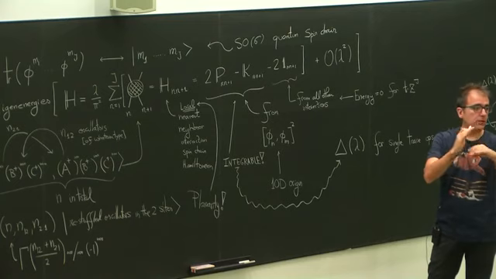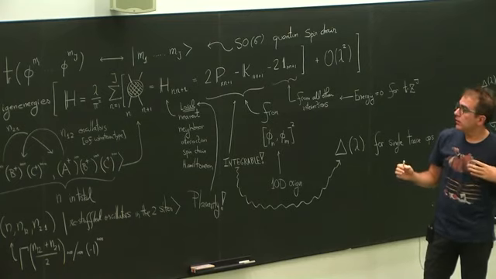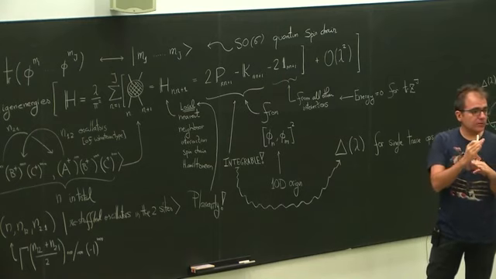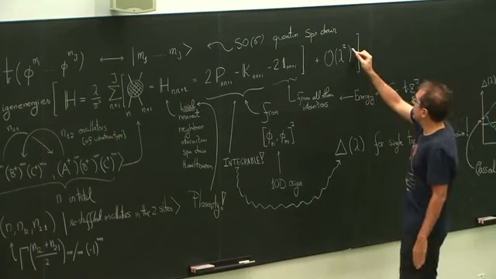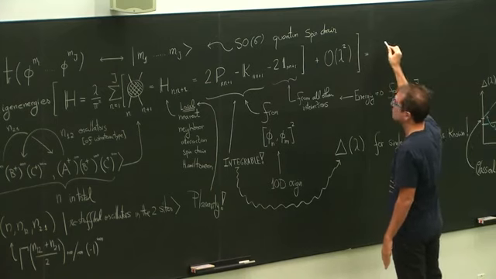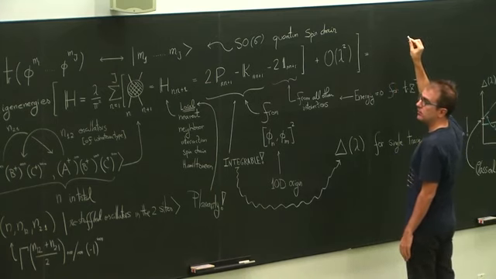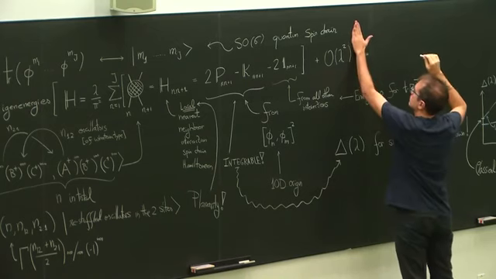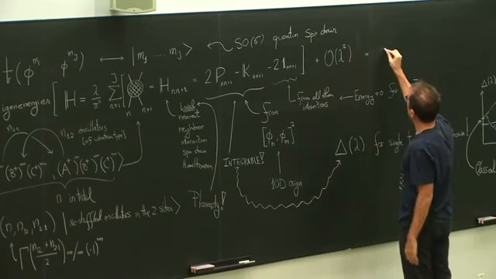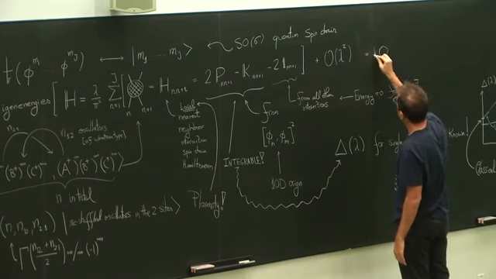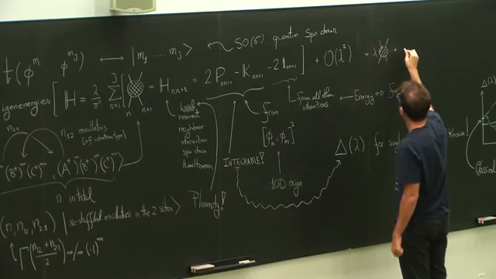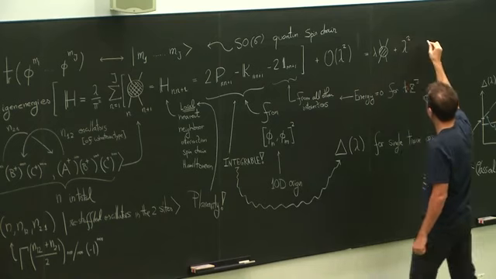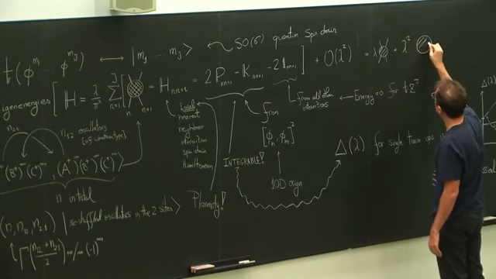Exactly. So now it doesn't need to be nearest neighbors. It could be next to nearest neighbor. And so these corrections, what we write is that we have lambda times the local Hamiltonian plus lambda square, and the Hamiltonian now would be next to nearest neighbors.